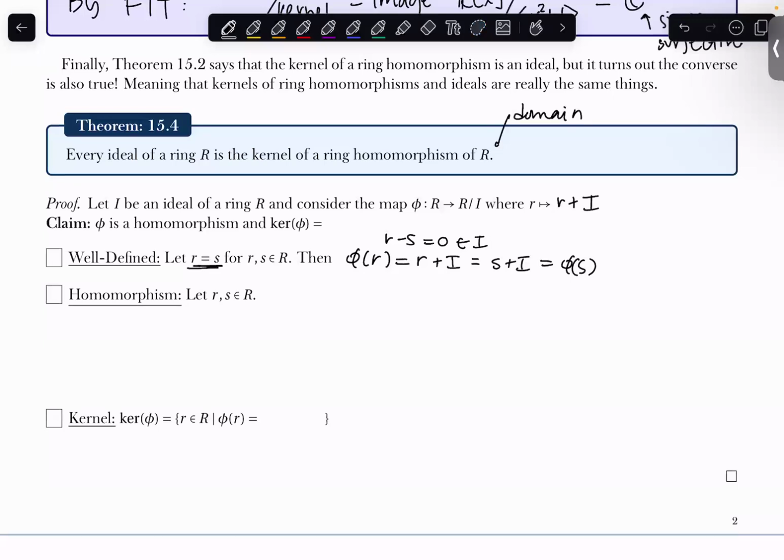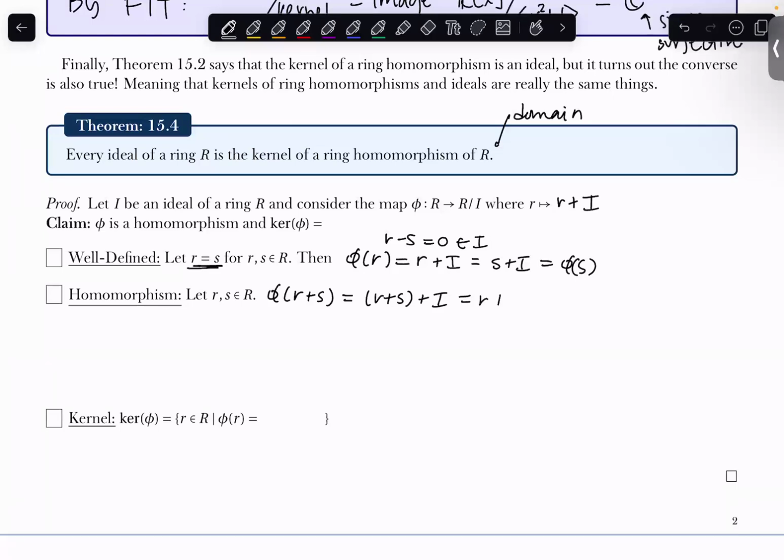Okay, so here we'll start with addition. My math tells me, take whatever you plugged in and make that the representative for your coset. So you'll get R plus S plus I. My goal is to separate this until it looks like phi of R plus phi of S. Here I want to remember when I'm adding my cosets, I'm really adding the representatives. So I can split these apart by splitting apart the addition that I see in my representatives.